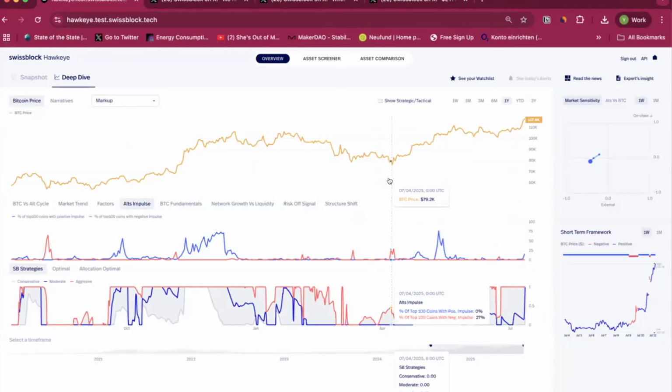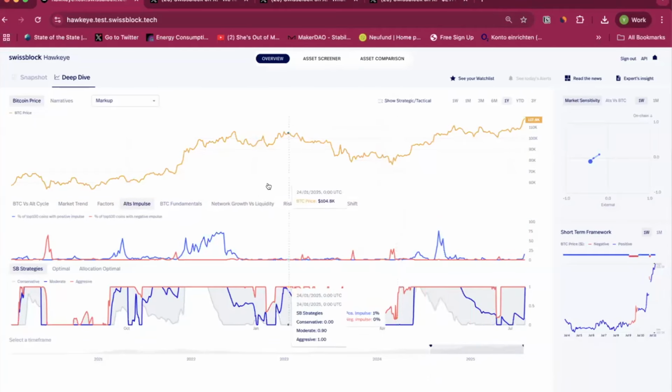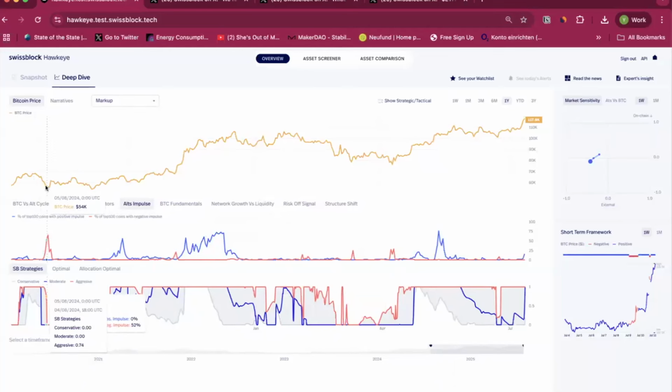So the aggregated alt impulse, we look at the top 350 liquid assets, and we look at how exponential, positive or negative their price structure is. Usually, when all of those things tend to go negative, that usually is a capitulation event. That usually signals bottoms, especially global bottoms. The last one also having been back in early August, July of last year.